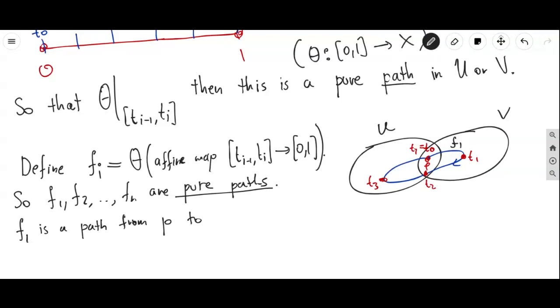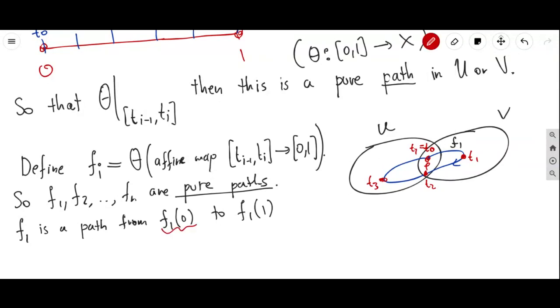F1 is a path from P, which is another way of saying F1 of 0 to F1 of 1. So at time 0, you start at P. At time 1, because you've rescaled everything, that's really T1, you end up over here. So it's a path from, this is P, by the way.